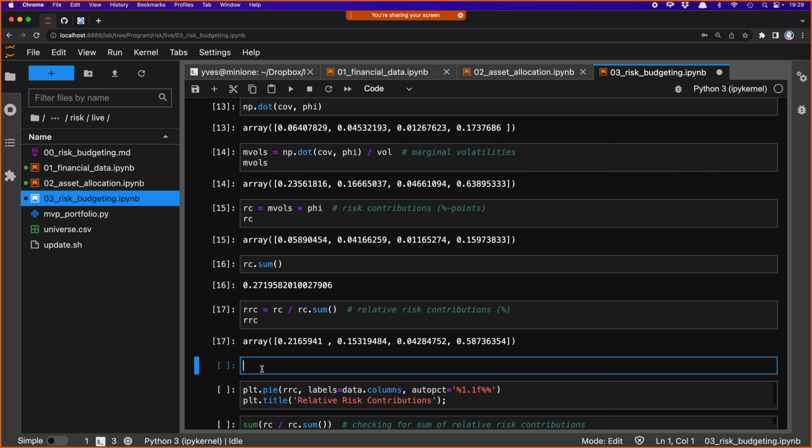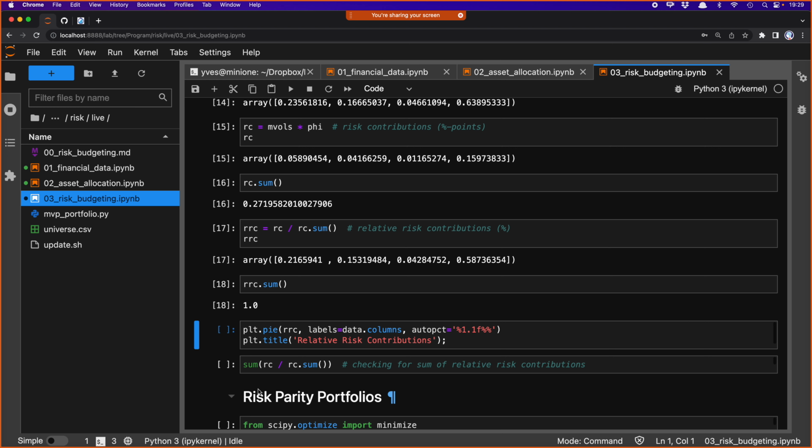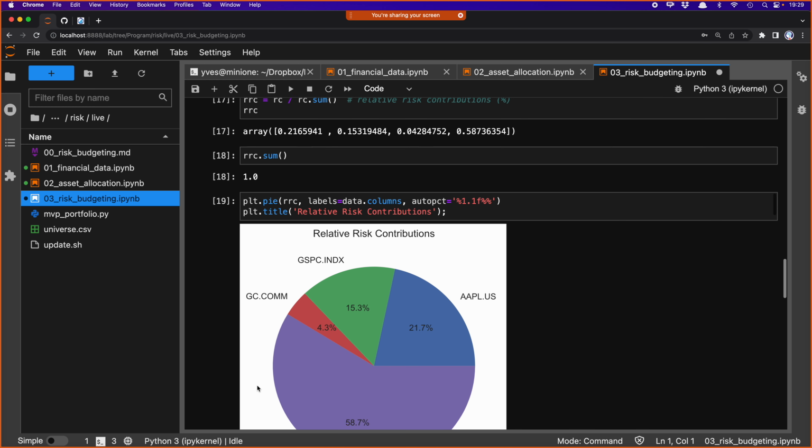Did I calculate that? So the RRC sum gives us now 100%. And we can compare these numbers now, of course, with a different dimension, the weight allocation in US dollar terms. Now we have an allocation of 100% of the portfolio risk. And it shouldn't come as a surprise that it varies.